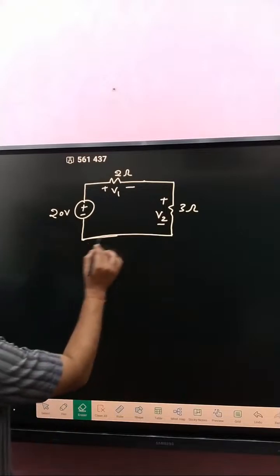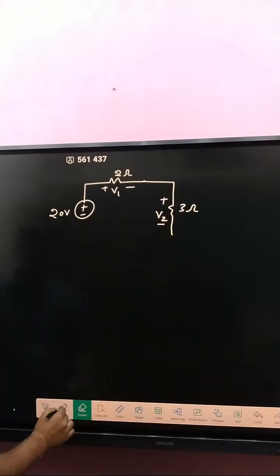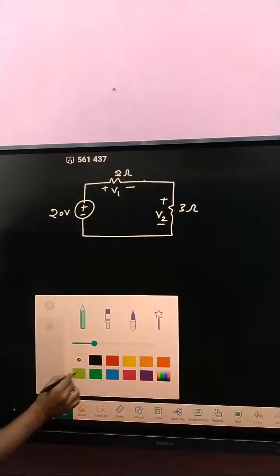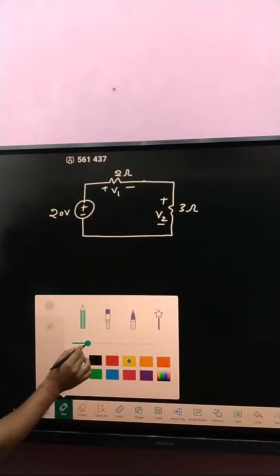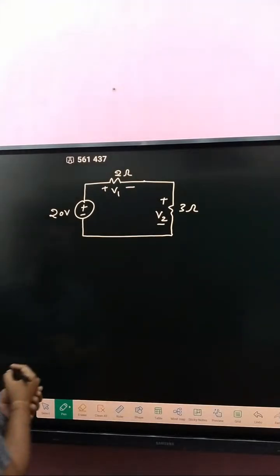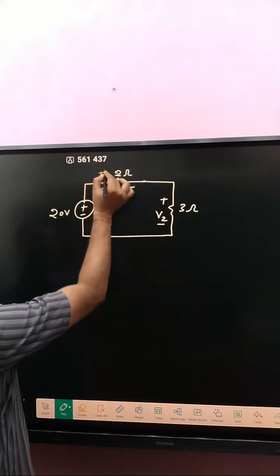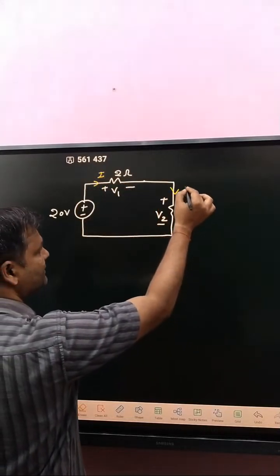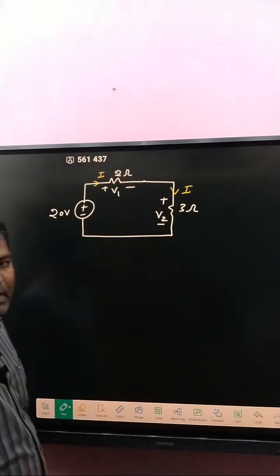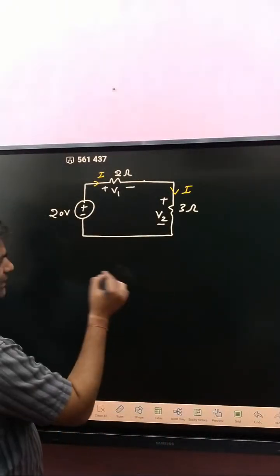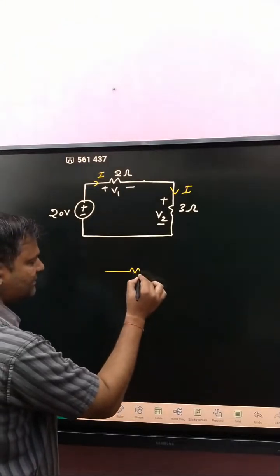First of all, if you see that circuit, suppose that the current in this branch is I, then that current is also in this branch. Now here comes a concept.